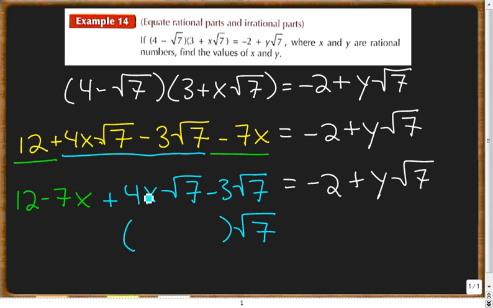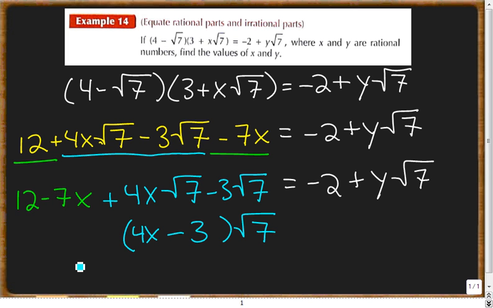Well, the first one has just a 4x remaining. So I write that inside the parentheses. The next one has a minus 3 remaining, or negative 3. And so I can rewrite that statement that you see in the middle with parentheses 4x minus 3, close parentheses, times the square root of 7.